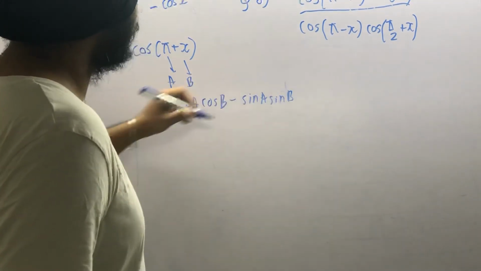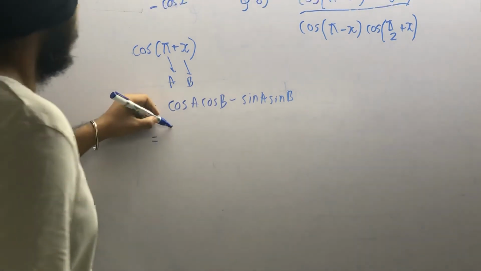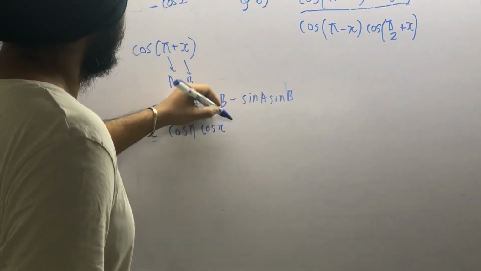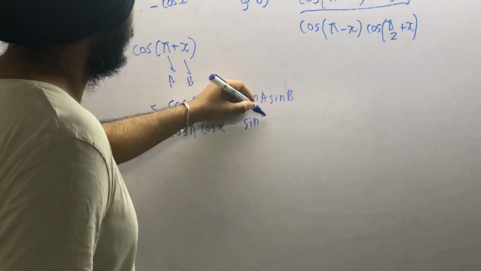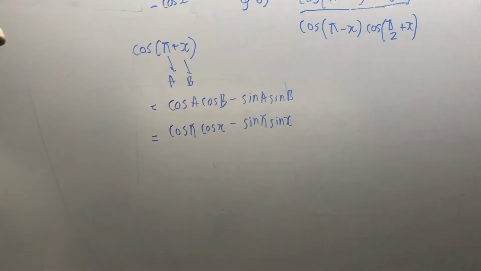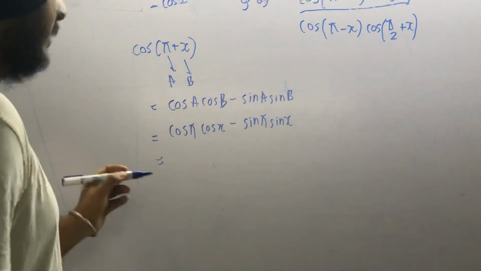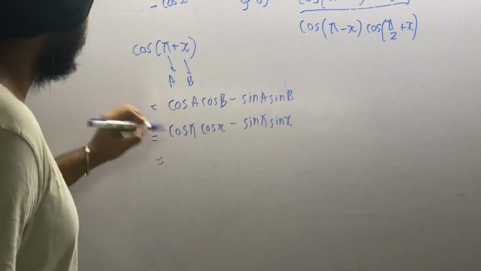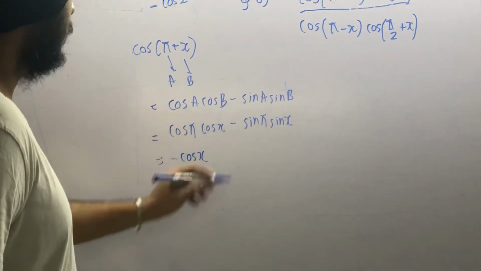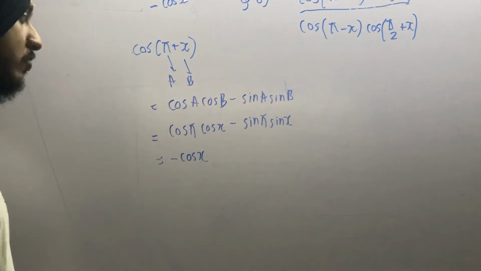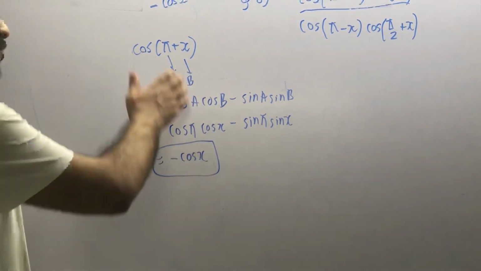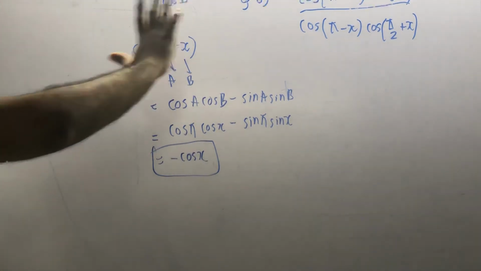Just putting the values of pi and x: cos pi cos x minus sin pi sin x. Cos pi you all must know the value by now, it is -1. So -1 into cos x is minus cos x. And sin pi is 0. So 0 into sin x is 0. So the answer is minus cos x.